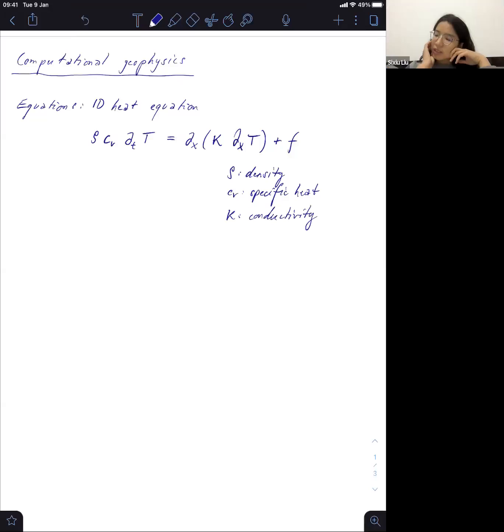And there is no relationship with the density or specific heat. It means that they can change. Is that right? Right. Usually they are allowed to change for a heterogeneous material, so they become a function of position.